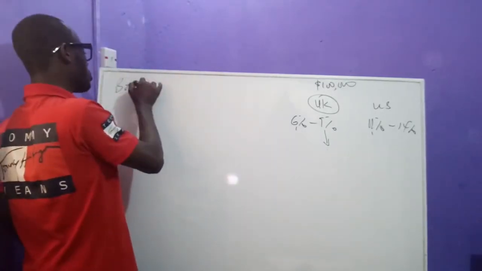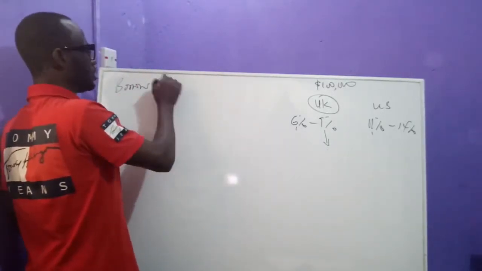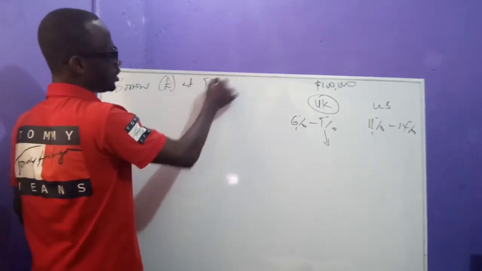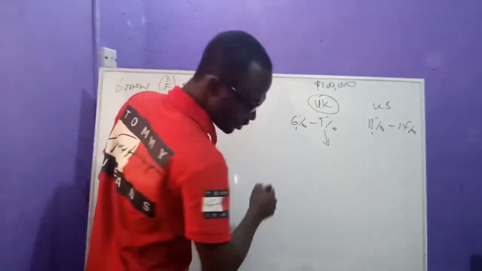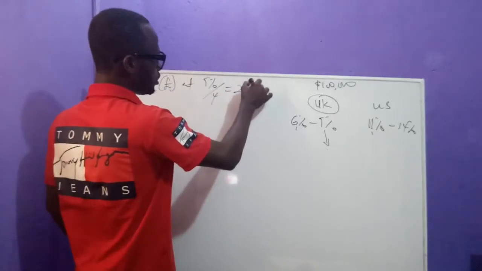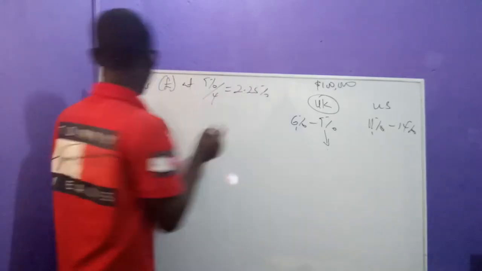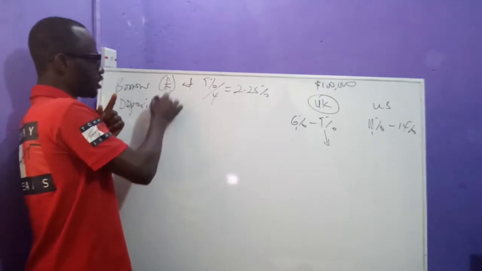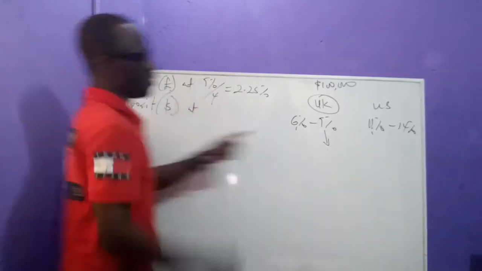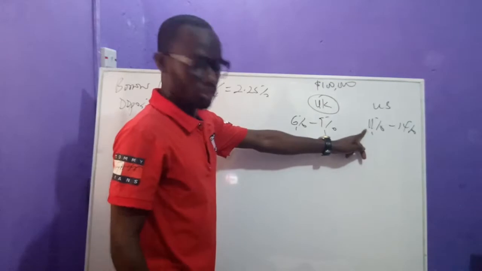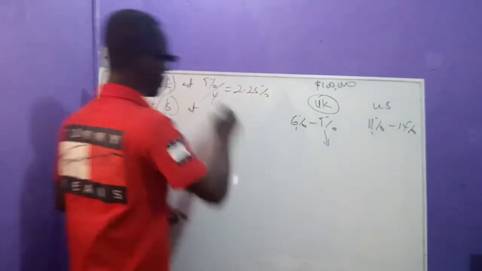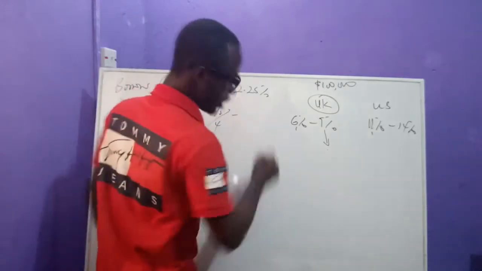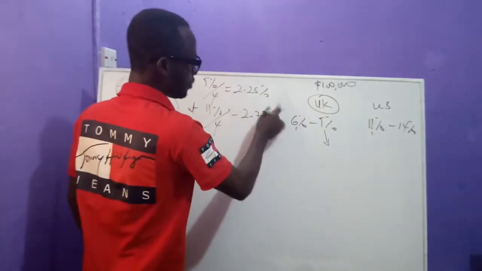We borrow the pound at 9% divided by 4, and that gives us 2.25%. Then we convert that, so we deposit the dollar. When we deposit the dollar, we will receive the smaller interest rate, and that will be 11% over 4, and that is going to give us 2.75%.